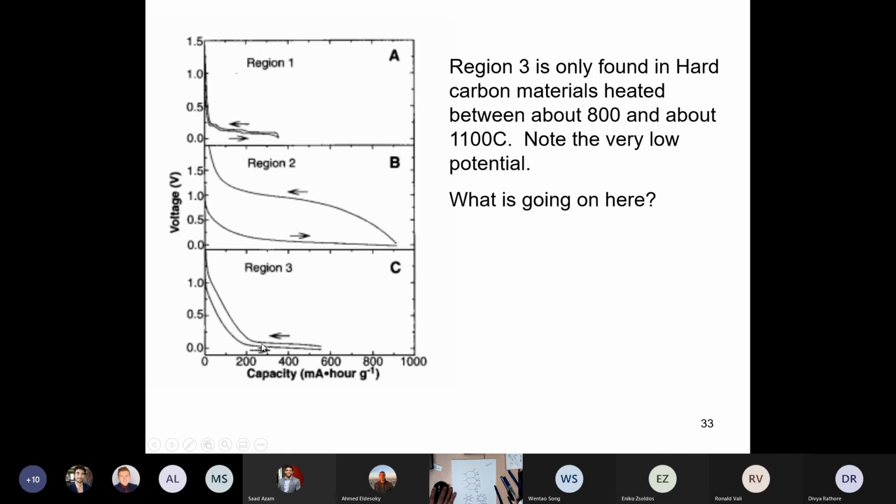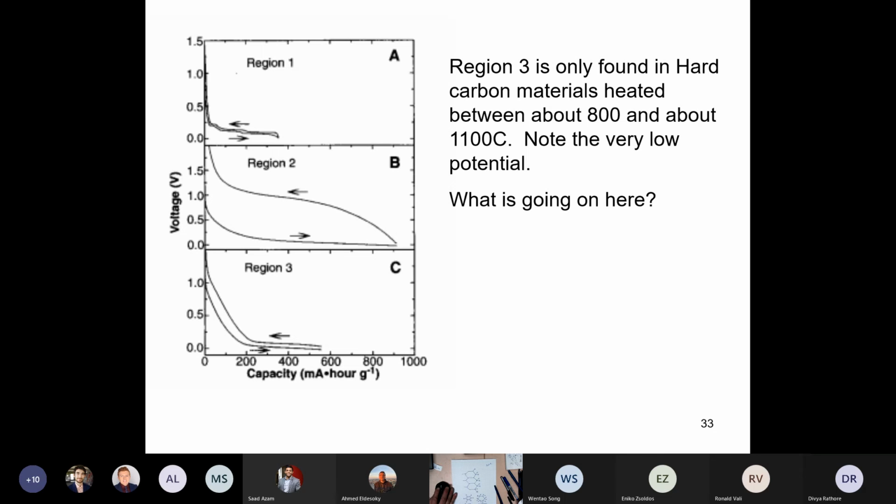And if you look carefully at this voltage curve at the bottom, there's no bumps and wiggles here at all. It's just a smooth, flat curve. And then a sloping region. So there's a sloping region and a flat region. It's very different than region 1. And it's in a hard carbon, heated between about 800 and 1100 degrees.